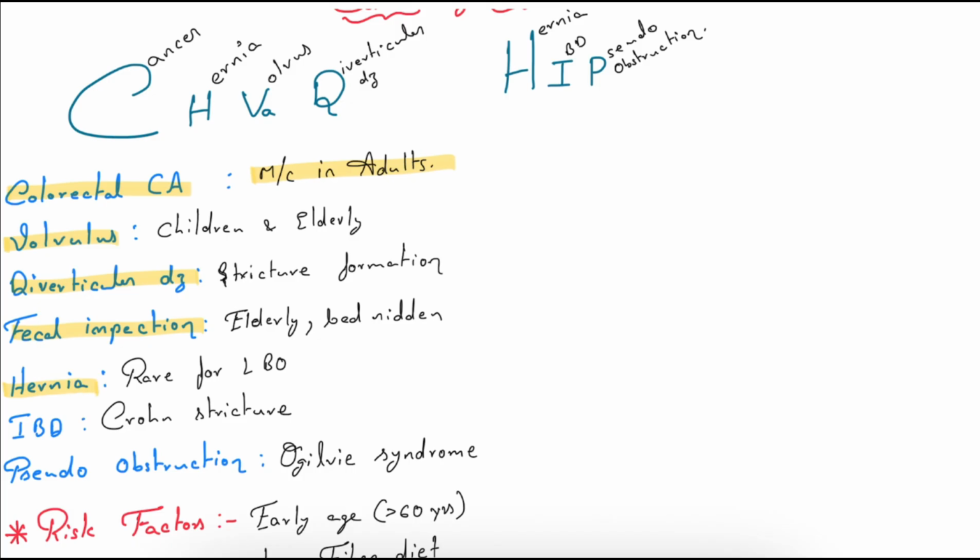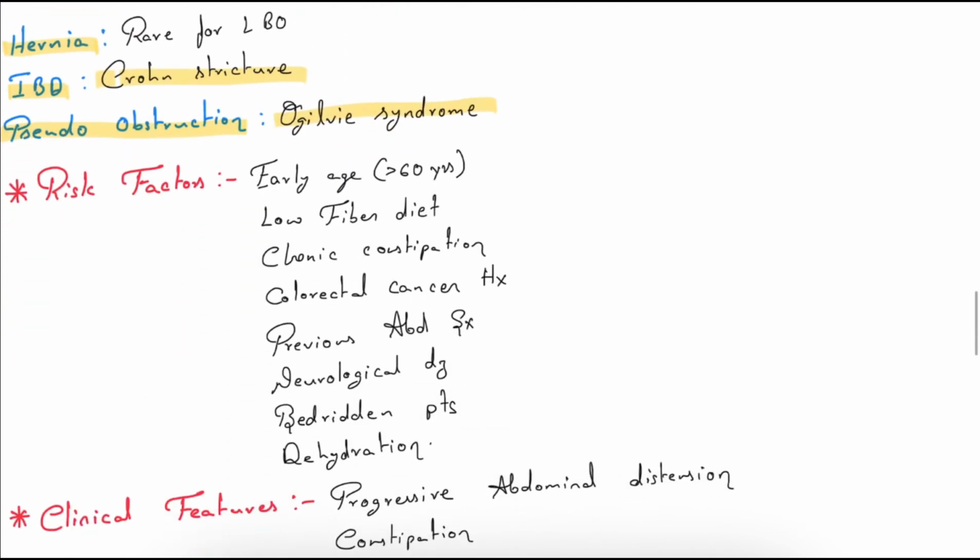Hernia is very rare in large bowel obstruction and most common in small bowel obstruction. Then inflammatory bowel diseases like Crohn's strictures. Next, pseudo obstruction like Ogilvie syndrome, as we discussed in classification.